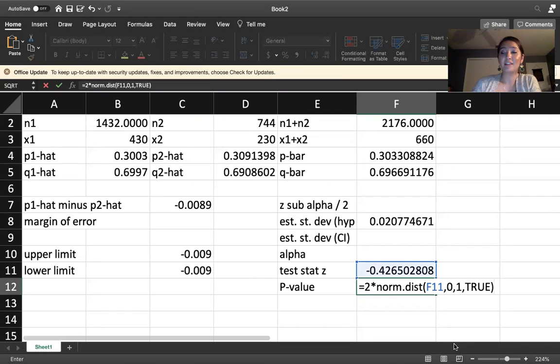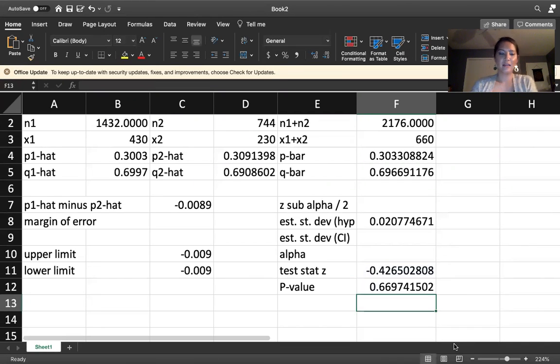And we're doubling that because it's a two-tailed test. And so our p-value is approximately 0.6697. If we round to 4 decimal places, we'd probably get a similar value, but maybe a slightly different value for p if we used table A2 instead.